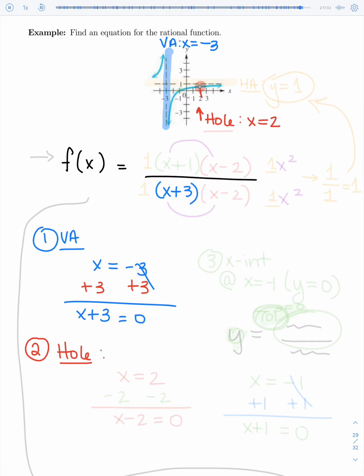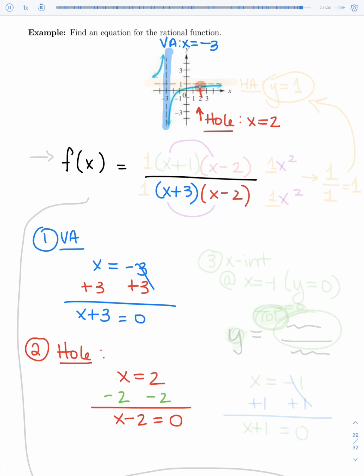To figure that out, we'll start out by looking at x equals 2 and figuring out when that's going to equal 0. So we'll subtract 2 from both sides, and that will give us that x minus 2 equals 0 is going to be our factor that needs to be on the bottom. That's going to make our denominator 0 so that we end up with a hole. So we'll have an x minus 2 on the bottom as well.